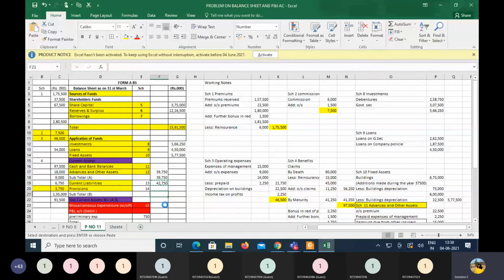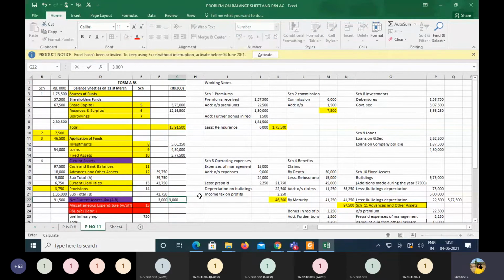This is it. So what I'm doing from this, I need to have the total here. Equal to this total minus this total, and we have a difference of 3,000 rupees, that is negative because the liabilities are more than the assets.